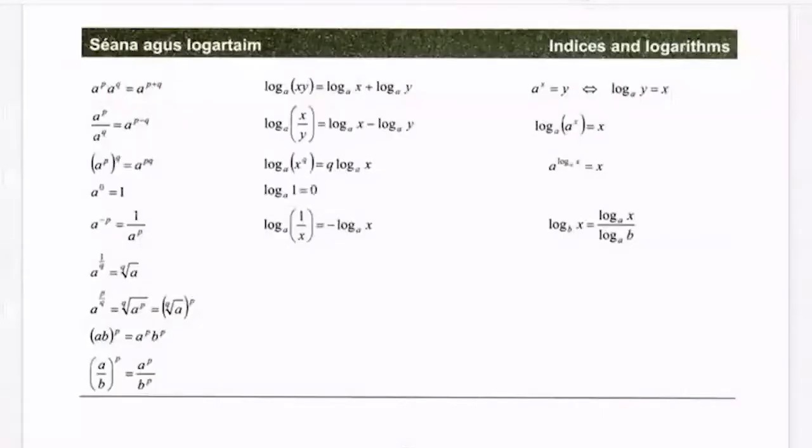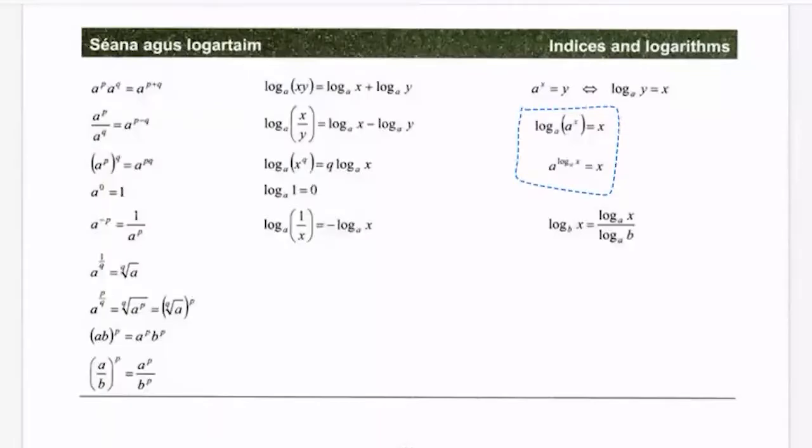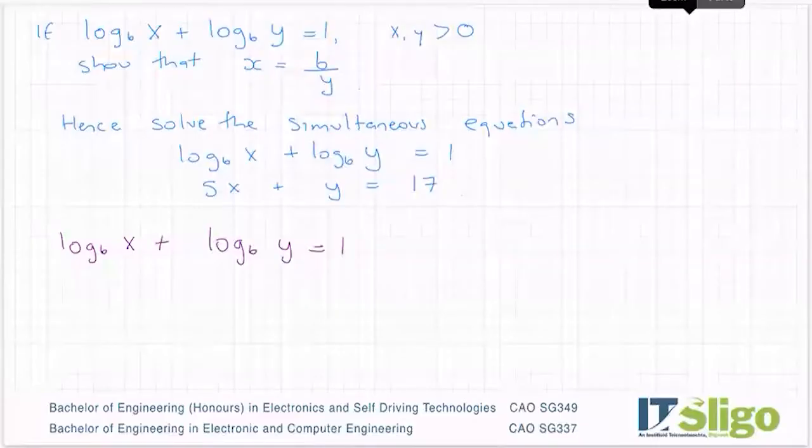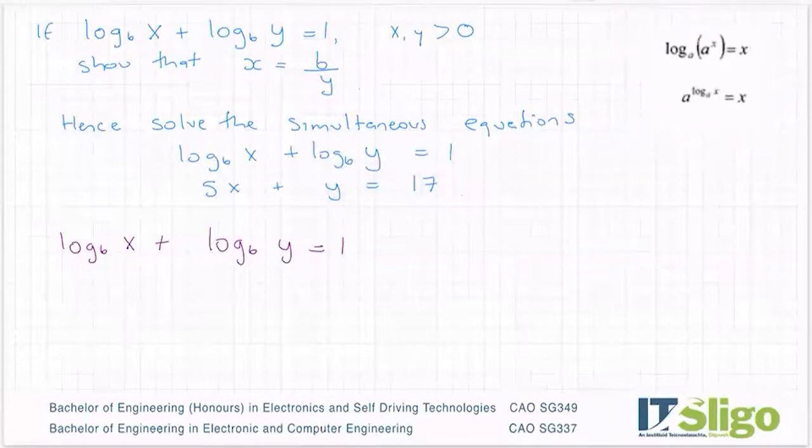Okay, so I like to use these ones here because I play with the fact that logs and indices are the opposite of each other. Let me bring them onto this page and let's have a look at how this could be used. I see these are logs.